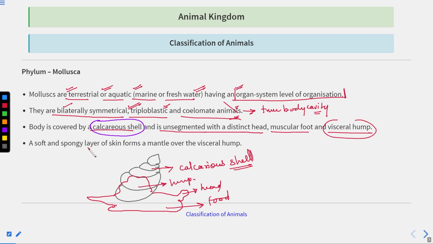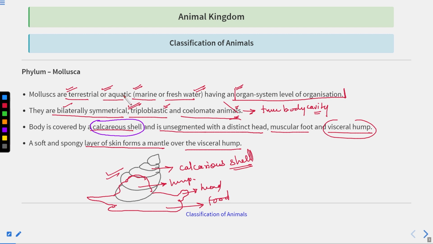The soft and spongy layer of skin forms the mantle over the visceral hump. So over the visceral hump, they have the mantle cavity, right? These are some of the very important features of Mollusca: they are terrestrial or aquatic.